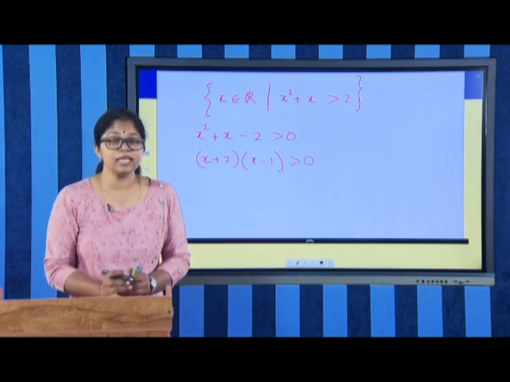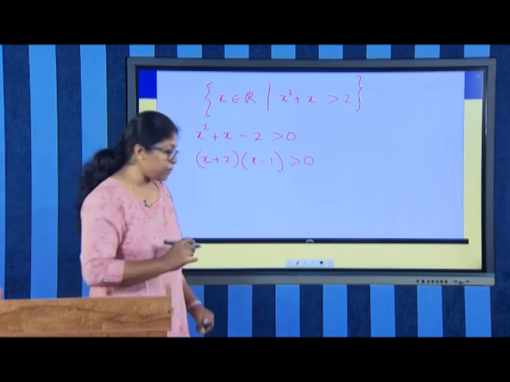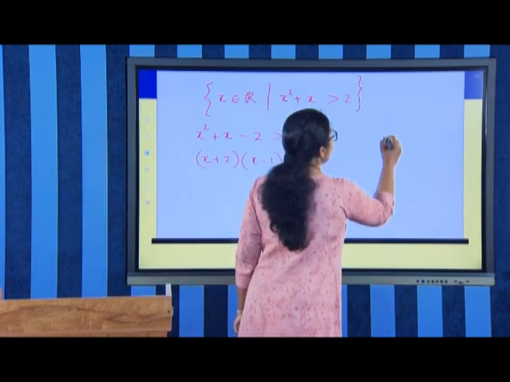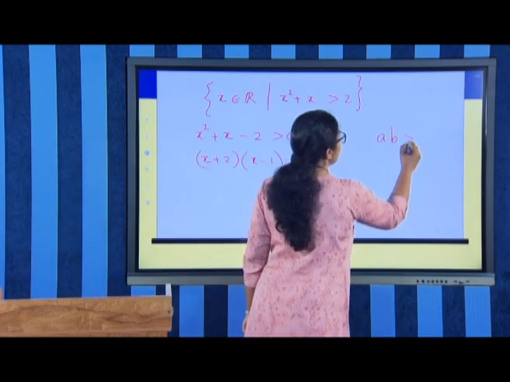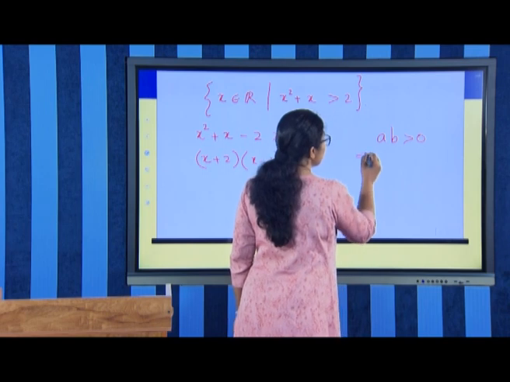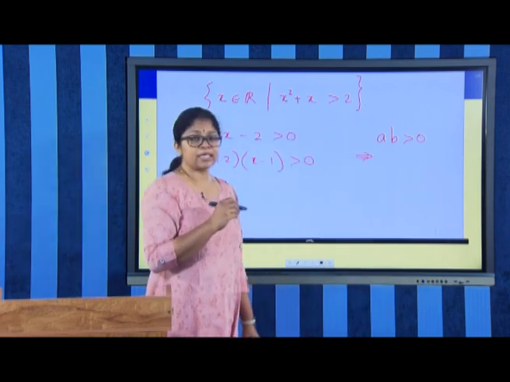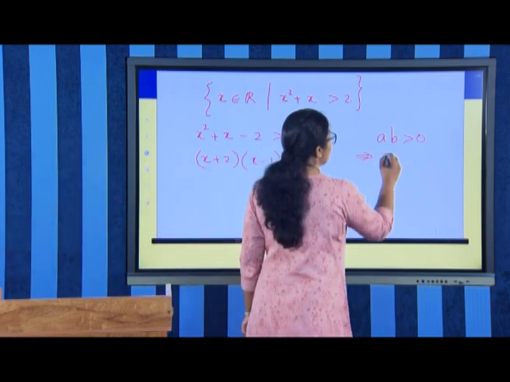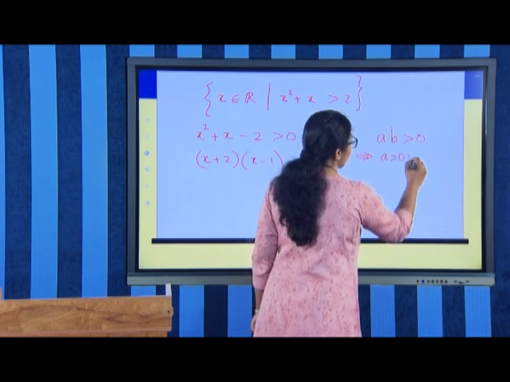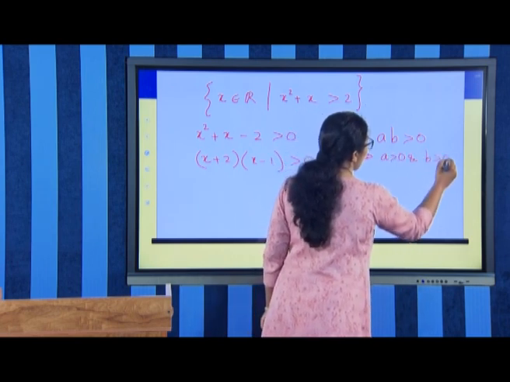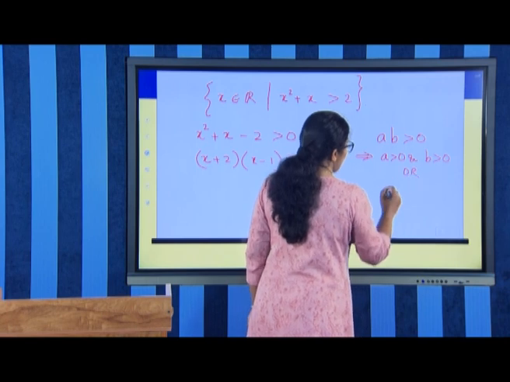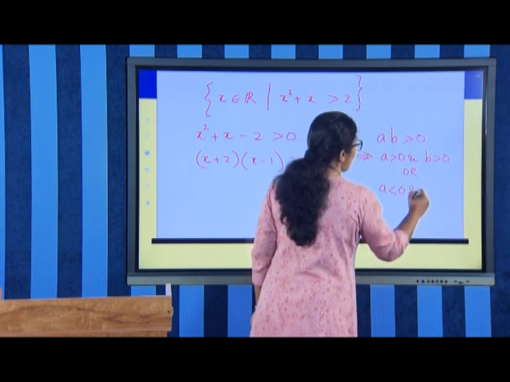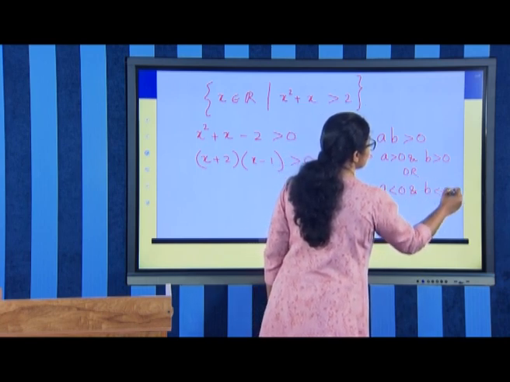And we have seen in the previous class that if you have ab greater than 0, this implies a is greater than 0 and b is greater than 0, or a is less than 0 and b is less than 0.